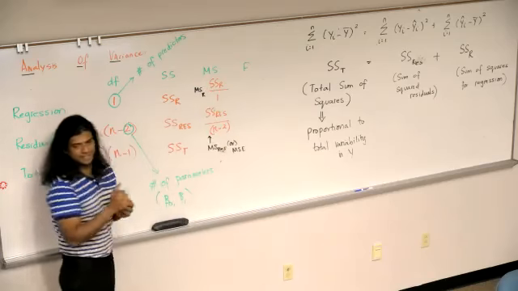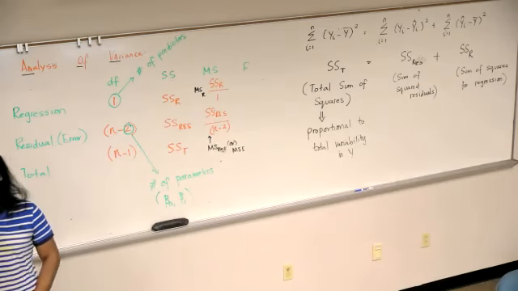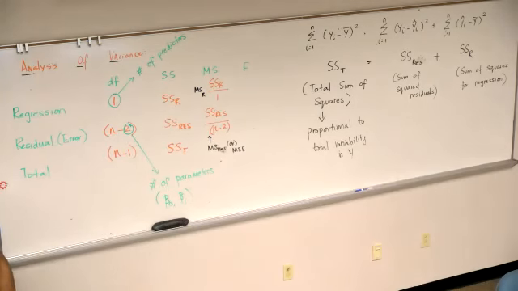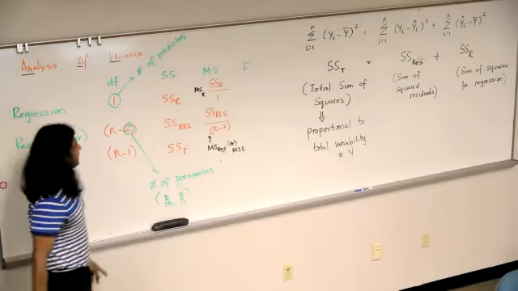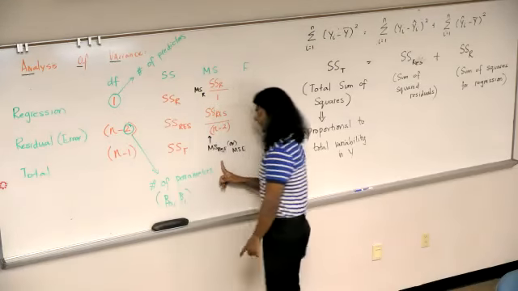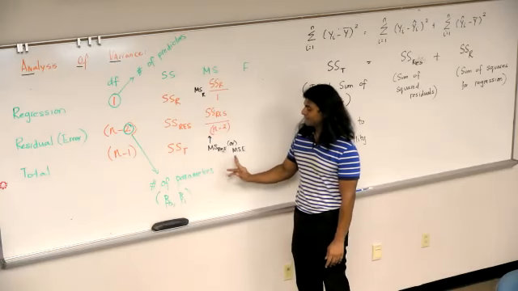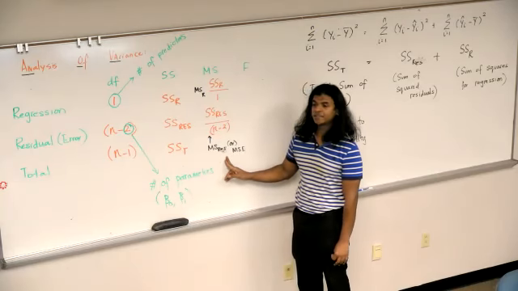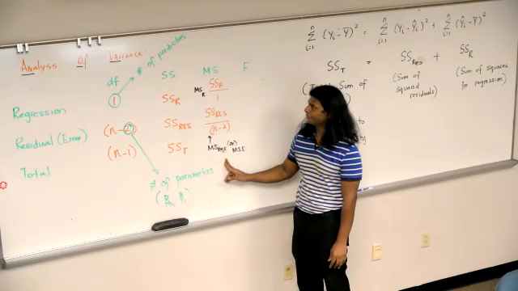I believe we call it MSE, also mean squared error. One and the same. What does the mean squared error estimate? So variability in the error is going to be estimated using MSE.